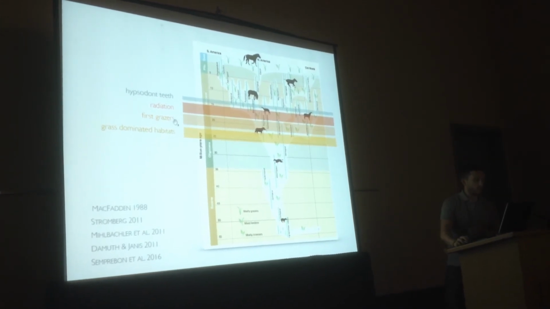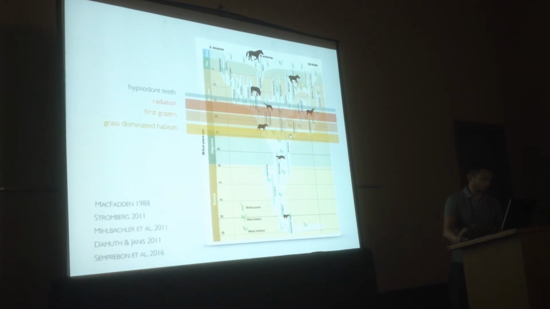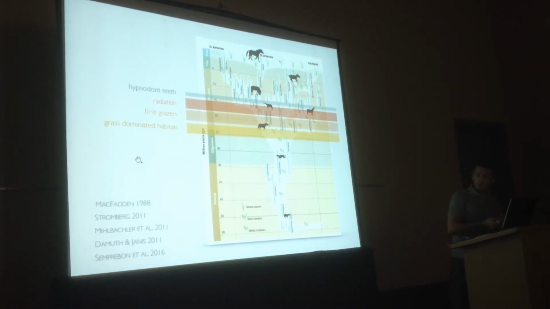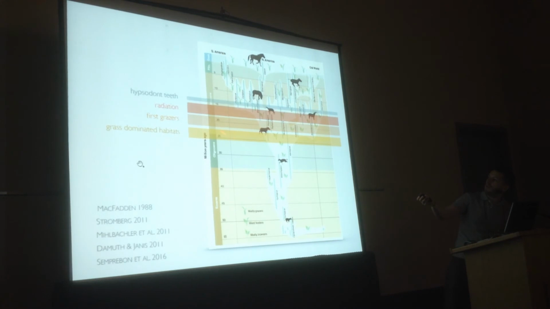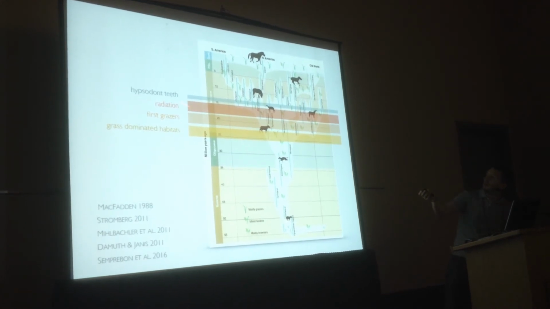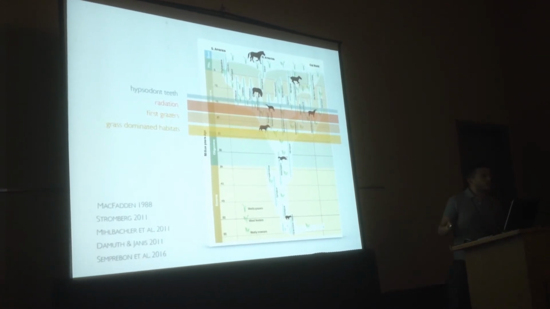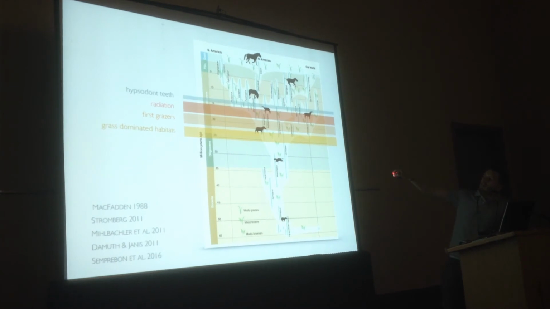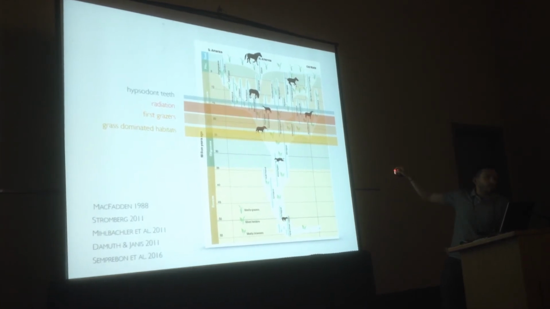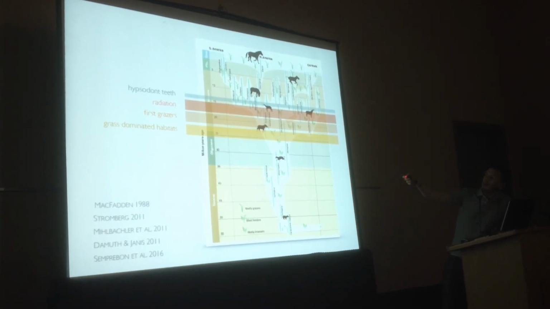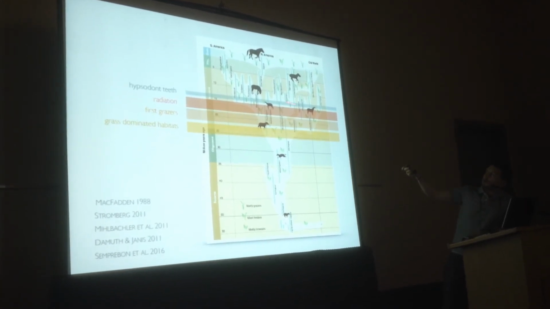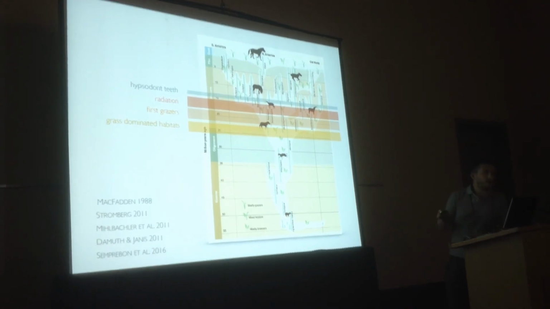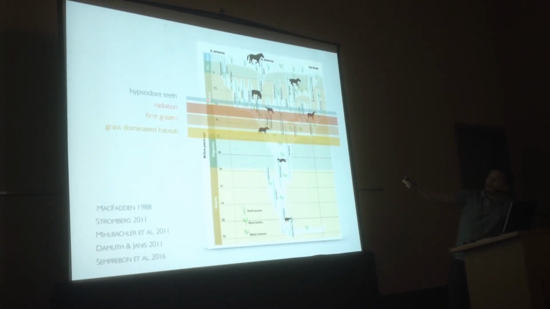But we now know that grass-dominated habitats were probably really well established by around 25, 24 million years, and we have micro-wear and meso-wear evidence for true grazers from 21, 20 million years onwards. So this is about 4 million years before the actual first diversification pulse of the group. And actually the true hypsodonts, which are related to really abrasive diets, come much later, around 40 million years.